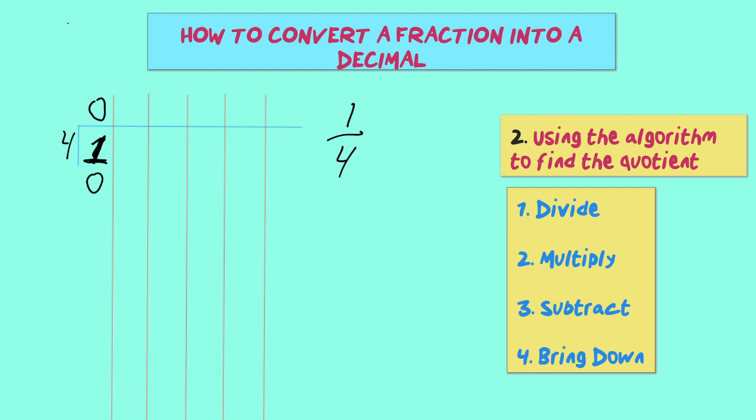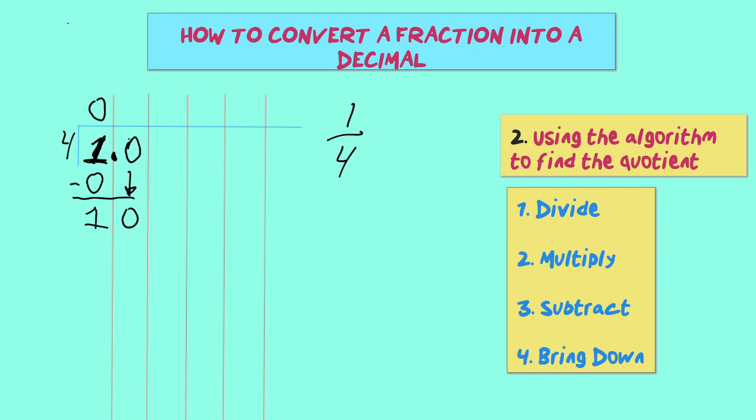Then we subtract. 1 minus 0 is 1. We have nothing to bring down, and so what do we do? We put a 0 here and bring that 0 down. Remember that we're going to put a decimal point right here before we start putting our zeros after the 1 to bring down.